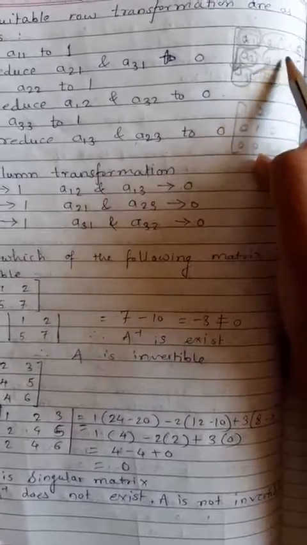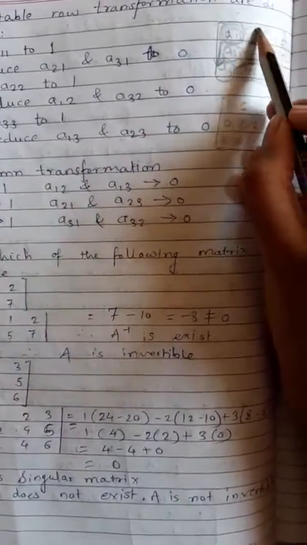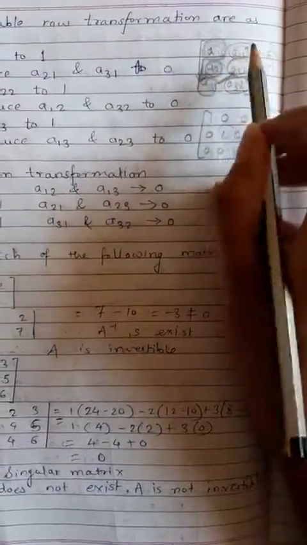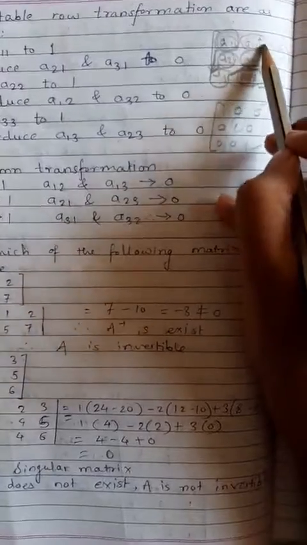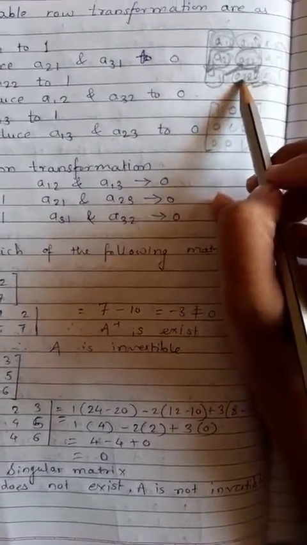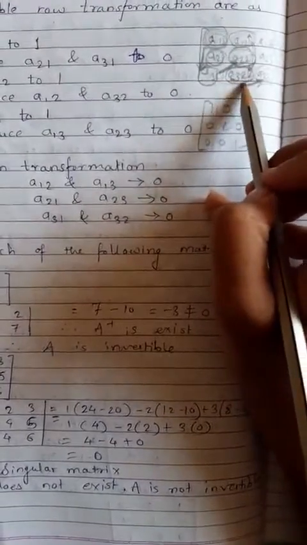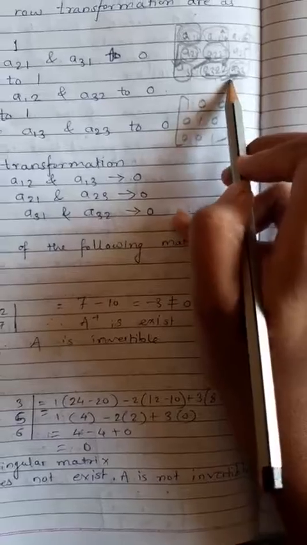Then you have to reduce this A22 to 1. Then you have to reduce this A12 to 0, and then you have to come again to A32 and reduce it to 0. Then you have to convert this A33 into 1.